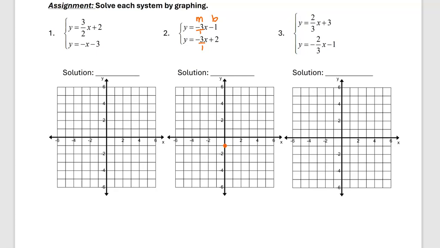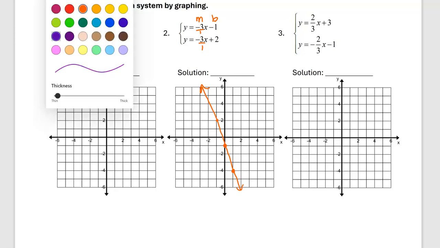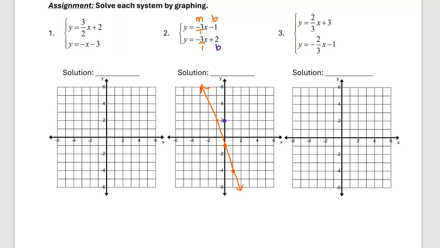And we're going to go down 3, 1, 2, 3, because it's -3, and right 1 for +1. And then we are going to go ahead and draw our line. And then our second line, we are going to begin at 2. Again, on the y-axis, always starting there, and down 3 over 1.